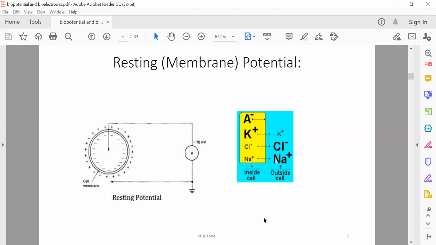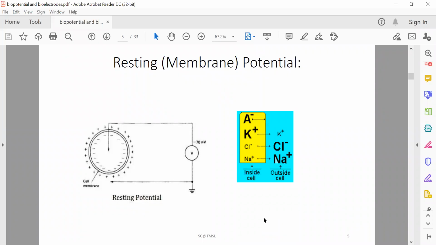Therefore this makes the outside of the cell more positive than the inside. In an attempt to balance the electric charge, additional potassium ions, which are positive, enter the cell, causing a higher concentration on the inside than the outside.